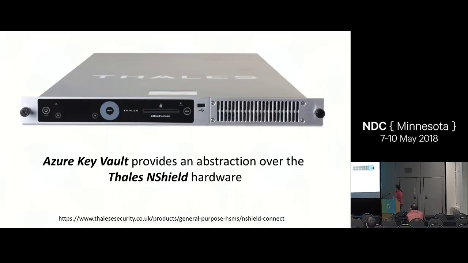And the hardware they build it upon is this device here, called the Thales nShield. I don't know how many they have, but it's probably lots per data center in each of the regions around the world. So they provide an abstraction over this system, which you can use. So Microsoft has taken the hit on the cost of buying these devices, and we can use them for very little money. And with some of the techniques I'm going to show you later, you'll be able to get your cost down to virtually nothing.